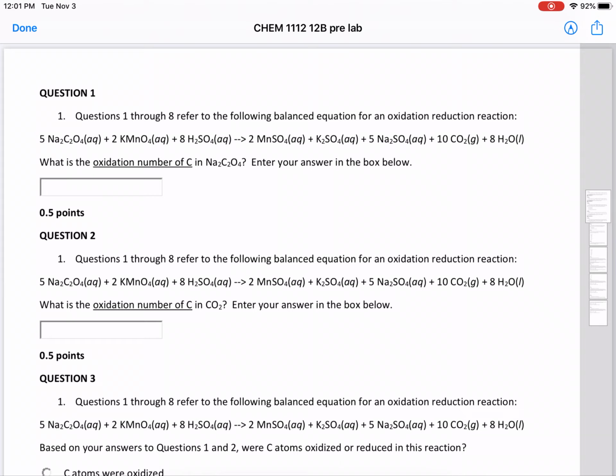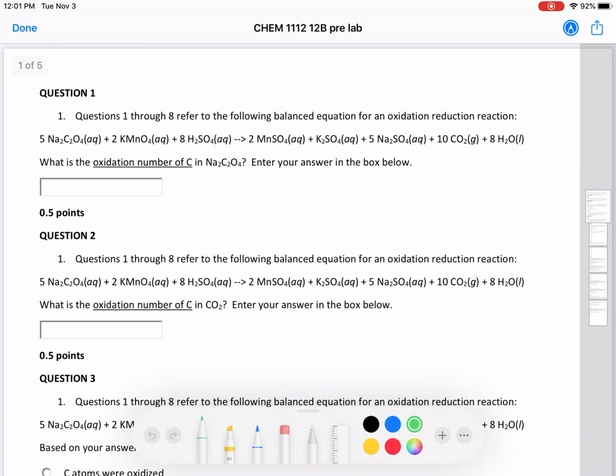Let's see. This is a neutral compound, Na2C2O4. In a neutral compound, when you add up the oxidation numbers for each one, it should equal 0. For example, here we have 2 sodium ions plus 2 carbons plus 4 oxygens.